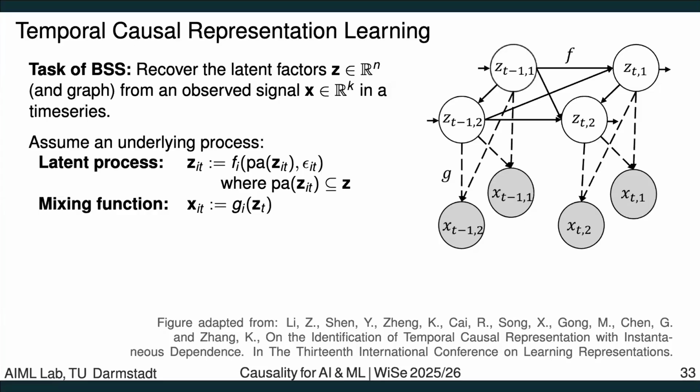Many works also assume that we don't have these instantaneous effects, but that every causal effect is only between variables of the last time step and the next one. This sometimes makes identification of the causal structure a bit easier. But again, we see this underlying process F and this mixing function G, even in this time series setting.